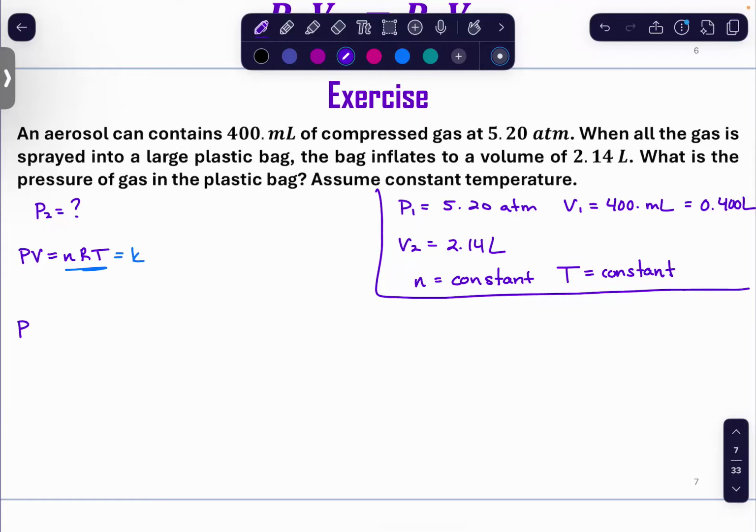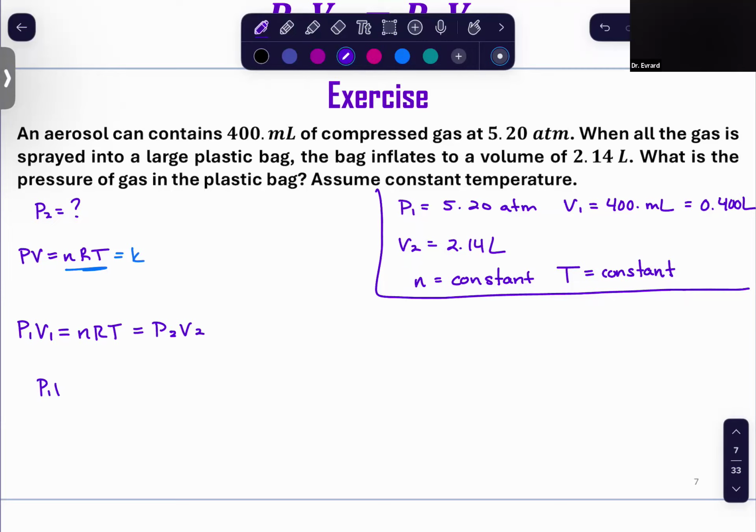So P1V1 equals that constant equals P2V2. So that means that P1V1 equals P2V2. And again, we can do this because since n and T aren't changing, R is a constant anyway. n times R times T is always going to be the same number in this situation.